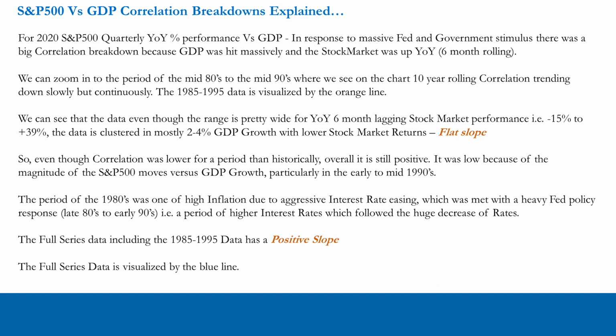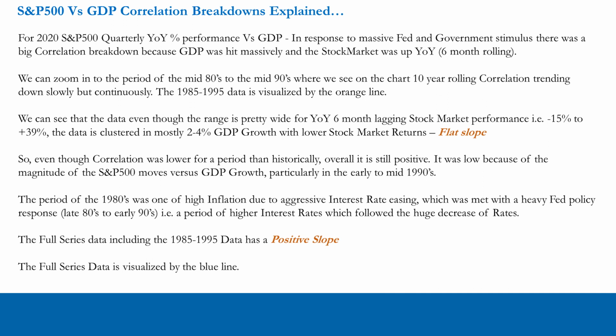So the period of the 1980s, when we look in the bigger picture, it was one of very high inflation due to aggressive interest rate easing, which in the late 80s, early 90s, was met with a heavy Fed policy response in reversal. So a period of higher interest rates, which followed the huge decrease in rates.